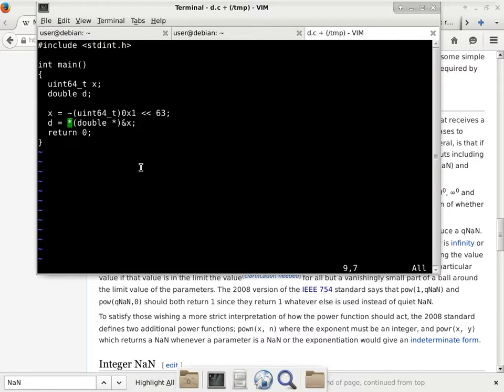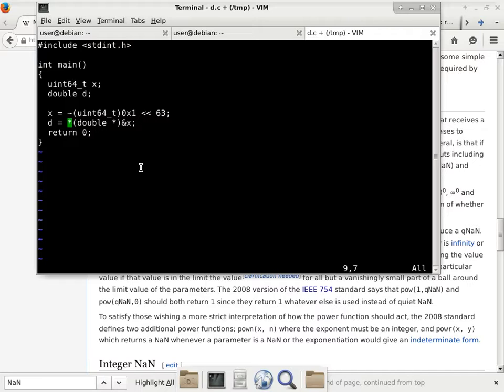Bitwise not. Okay. Does everybody understand this code here? The code where I set x. I put a 1 where the 1 is supposed to be. The rest I use shift to shift into, and then I take a bitwise NOT so that the 1 turns into a 0, and all 63 zeros turn into 1s. Okay, all right.